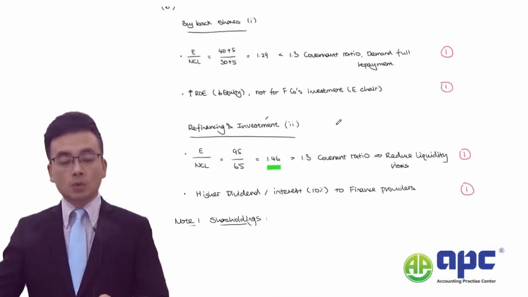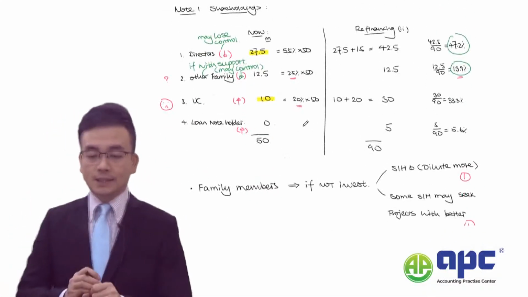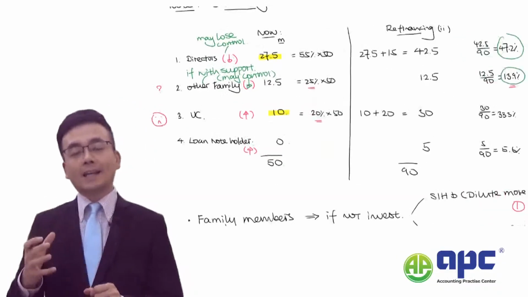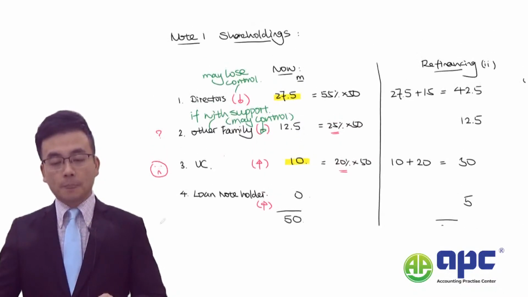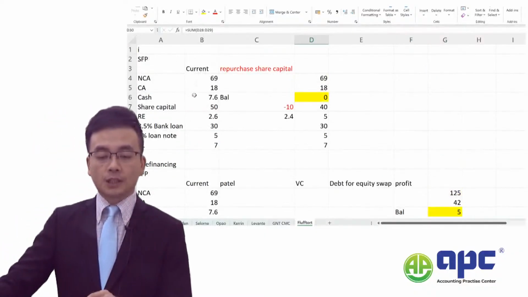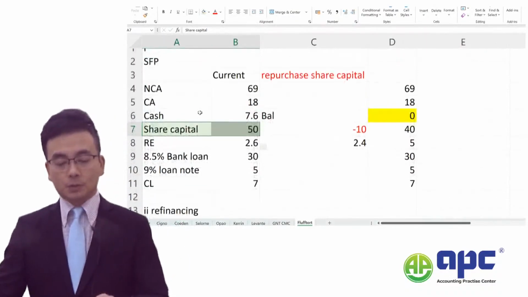If you can see my answer, we'll need to see the different shareholdings as a starting point. Without any sort of plans, currently, the current SFP will show that we only have 50 million of share capital.